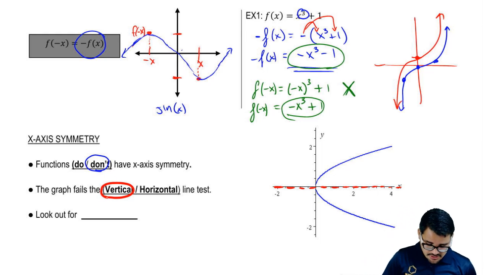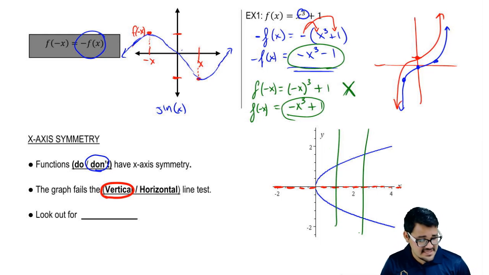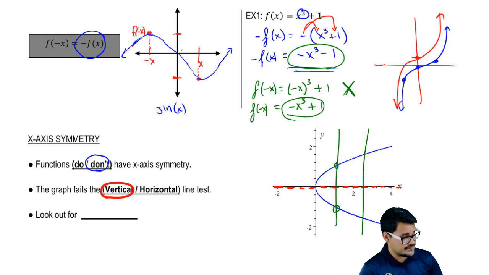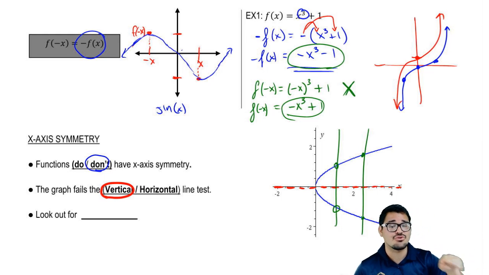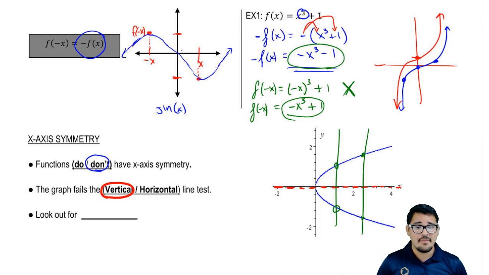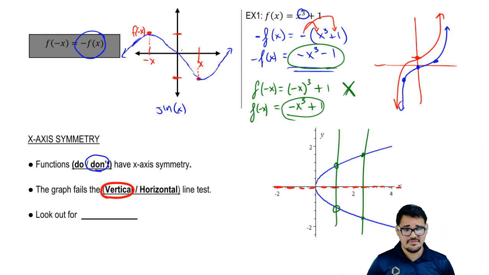So when we apply the vertical line test on this graph, we obviously see that it fails it because it touches the vertical lines more than once, and it also does over here. So since a graph with x-axis symmetry fails the vertical line test, we say that functions do not have x-axis symmetry.